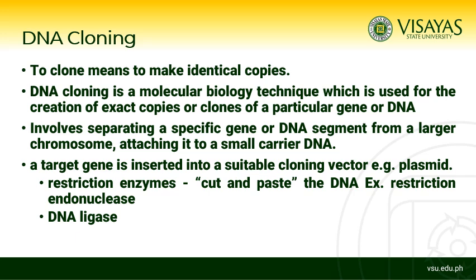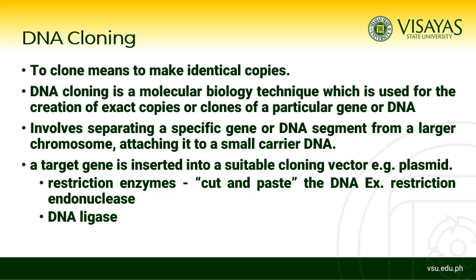So once you've got the gene or the DNA piece, you will attach it to a smaller piece of DNA that can carry it, and that is what we call the cloning vector. It's the carrier of the inserted gene. One common example for the cloning vector is the plasmid, which is a small, circular piece of DNA, and this is often found in bacteria.